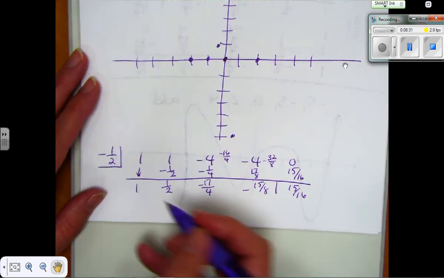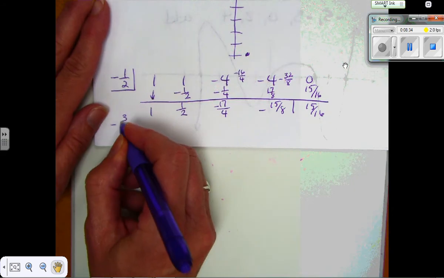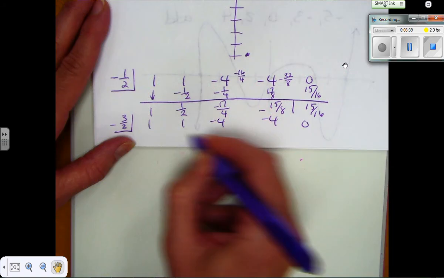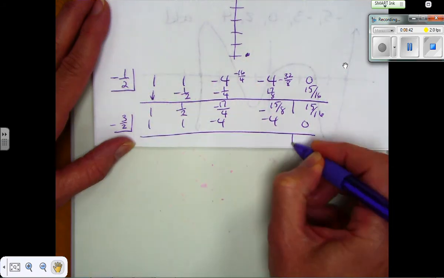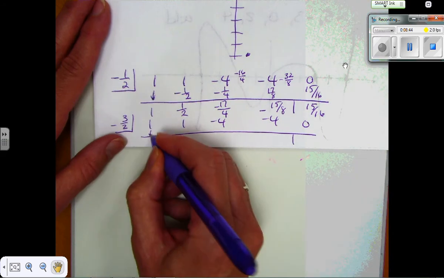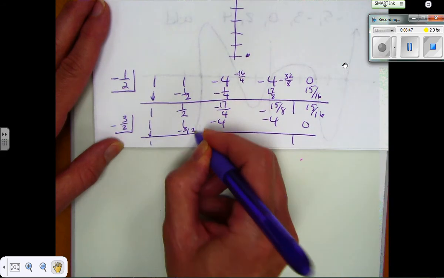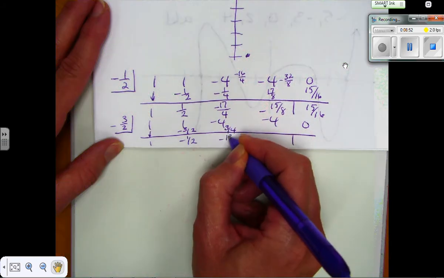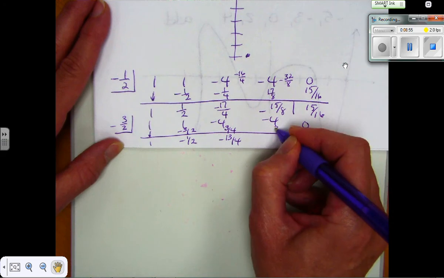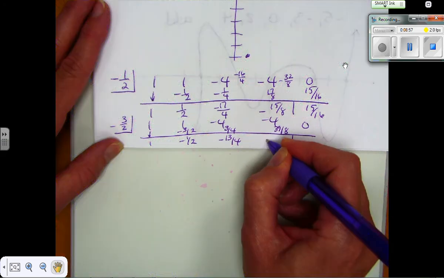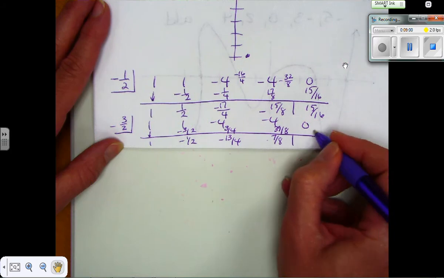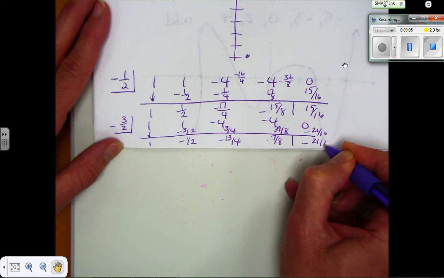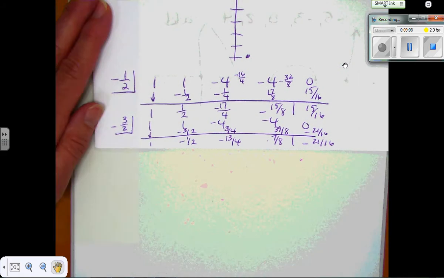Okay, so now let's do it for -3/2. I'm running out of space. I'm going to have to write kind of small, sorry. So I'm going to bring down the 1. Okay, so for that one I'm getting -21/16 when x is -3/2.